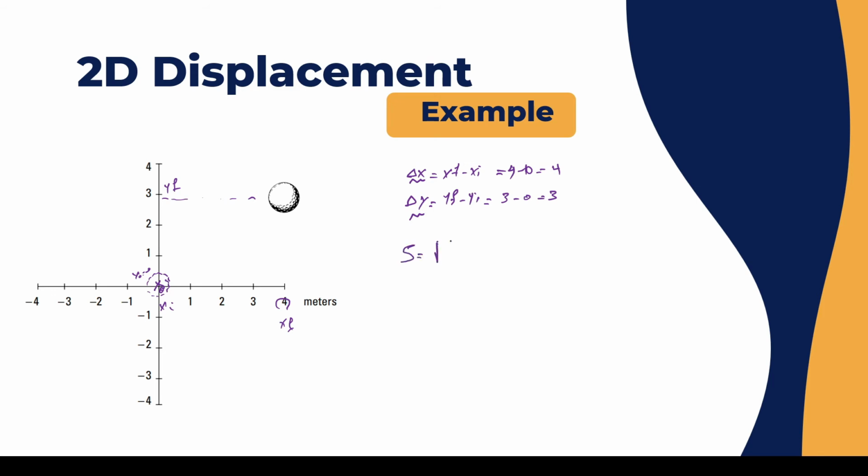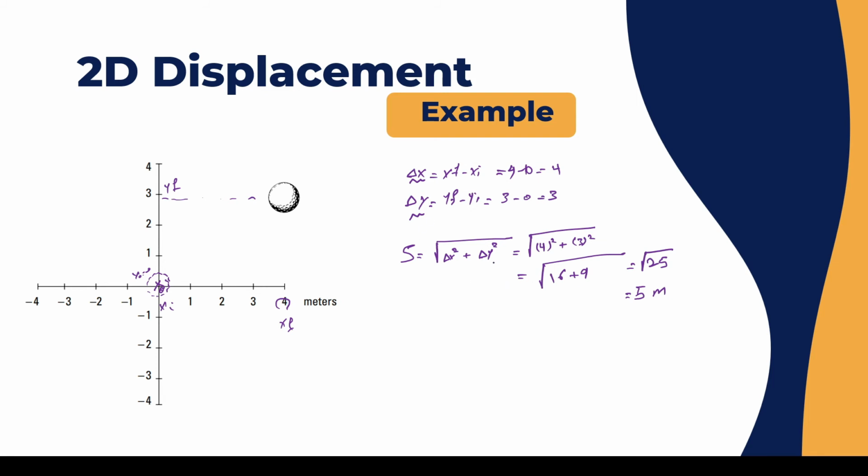S, as we learned seconds ago, is the square root of delta x squared plus delta y squared, which equals the square root of 4 squared plus 3 squared, which is the square root of 16 plus 9, which equals the square root of 25, which equals 5, and the units are meters.